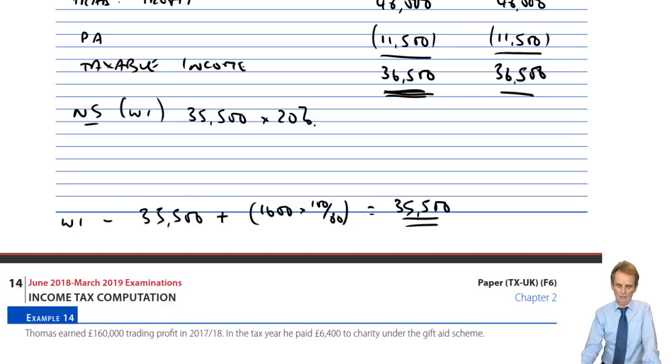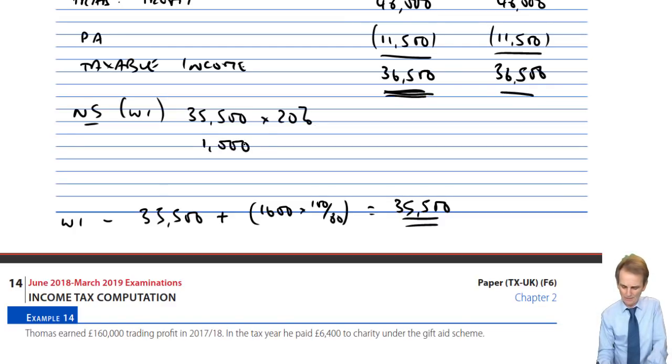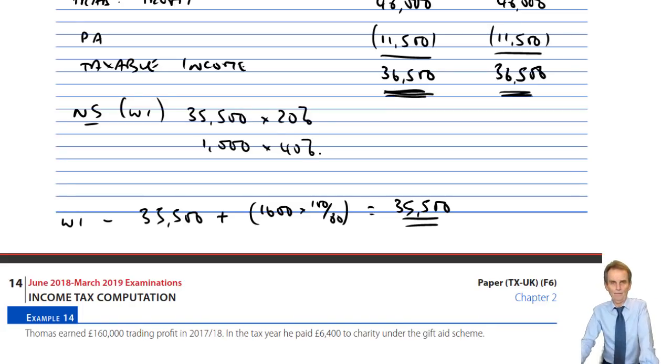We've got 36,500 to tax. It's all non-savings income. So when you're up into higher rate, there'll be £1,000 here. 1,000 on the 35,500 is obviously 36,500, the level of our total taxable income. That will be in the higher rate band and taxed at 40%.